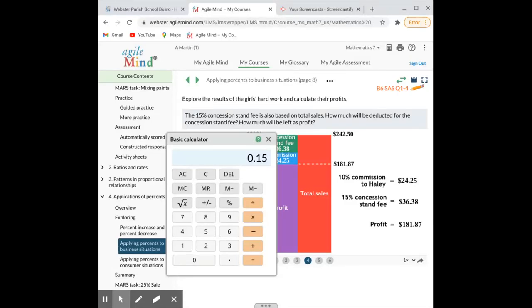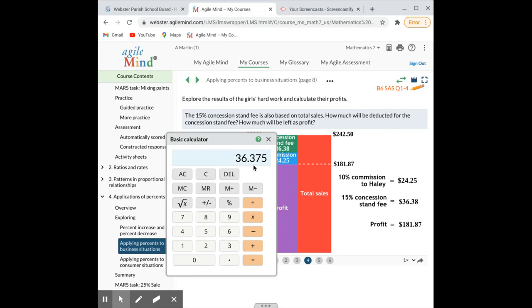But if we say what is 15% of a number, that's telling us that we need to take 15% and multiply it by the total. That total was $242.50. So when we do that and we hit equals, it's going to give us that $36.38.